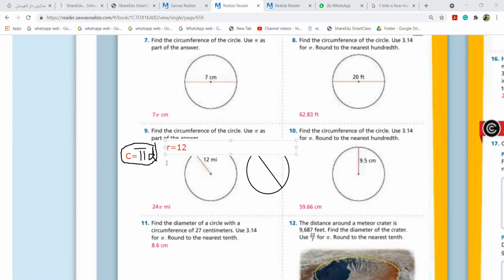But do you need r or do you need d? From the formula, I want d. So what is d? If half is 12, what is the full line? Miral, see, from here to here it is 12.